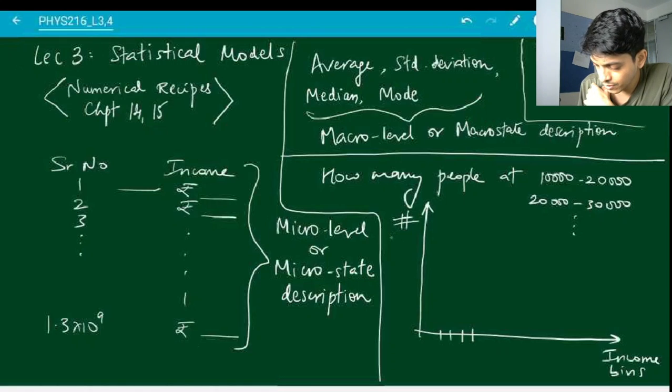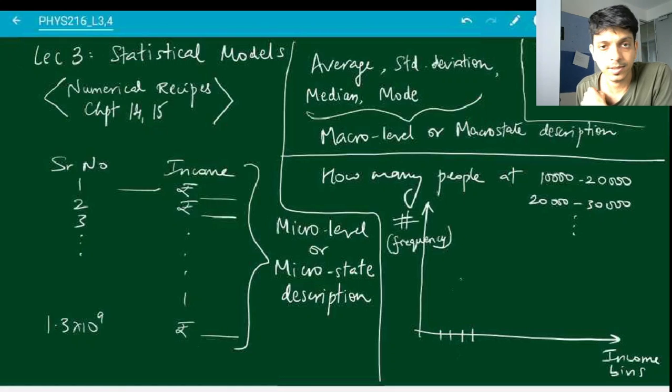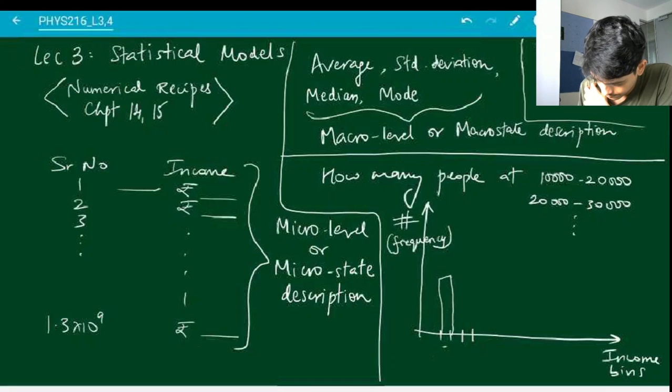And this number of people is referred to as the frequency. Means how frequently are you finding a person who has income between 20 and 30,000, and so on. So when you make this plot, it's basically a histogram, because you're counting how many times you're getting an income in this range. So you might get something like this, let's say.